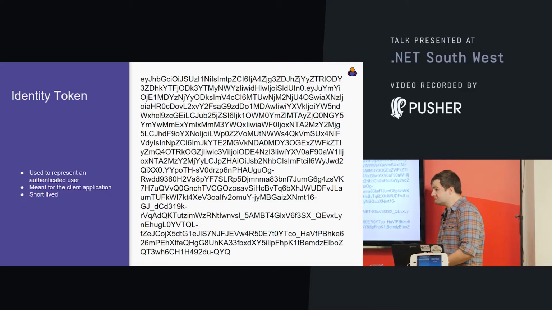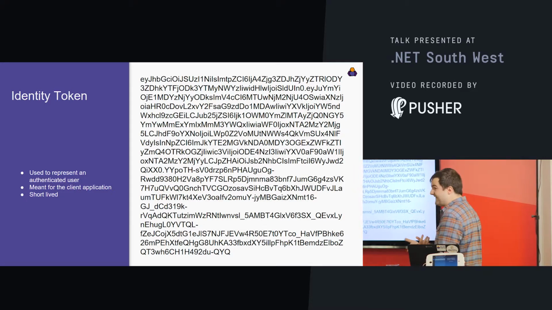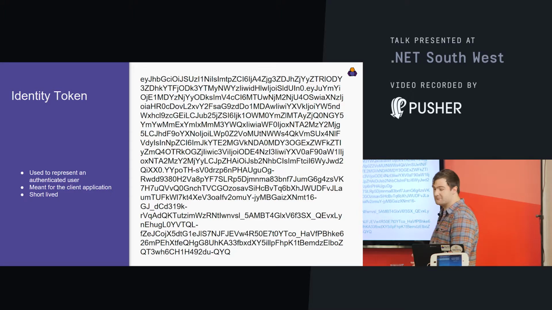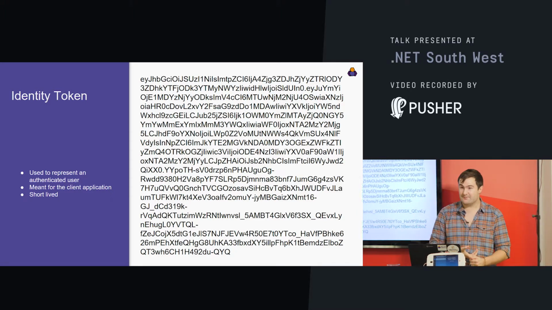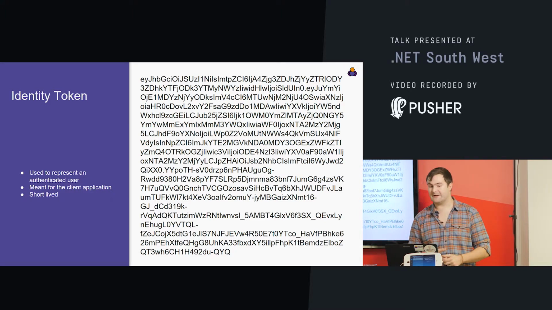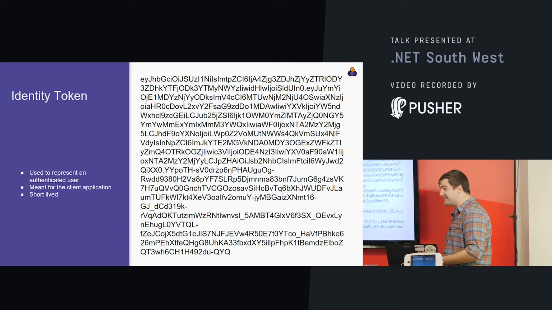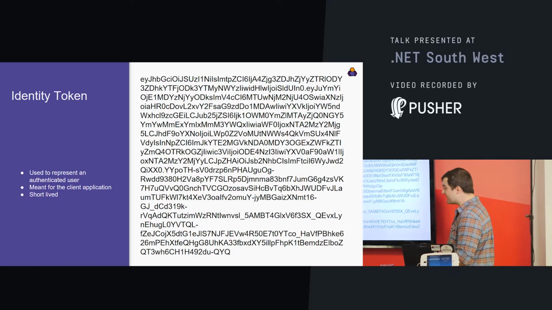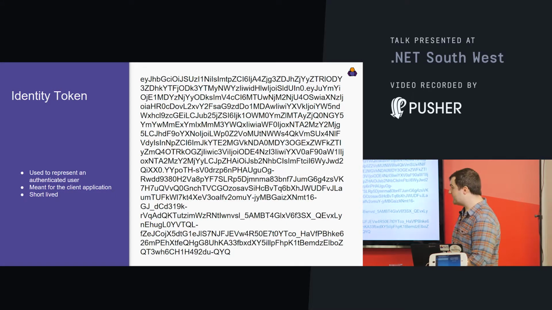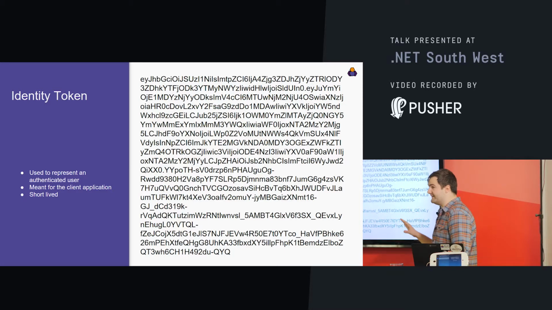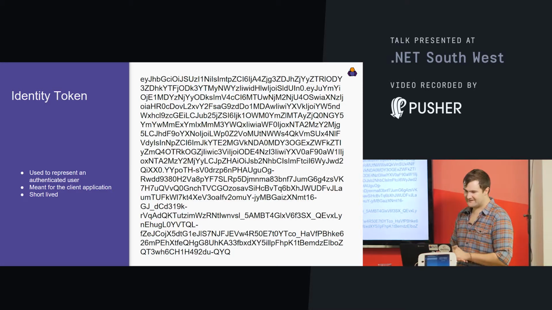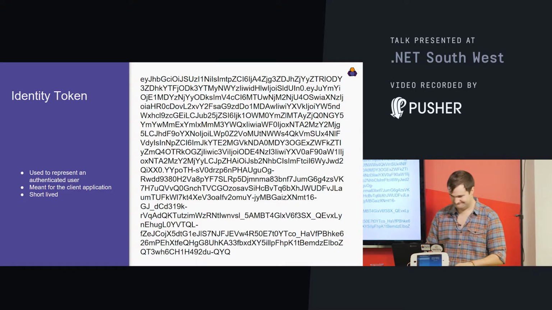You have the header, which describes the token itself. You have the second part, which is the payload. That includes all the information about the authentication event, maybe a bit of identity data, just to tease the application. And then the third bit is the actual signature. So it's been signed, so it's digitally verifiable.